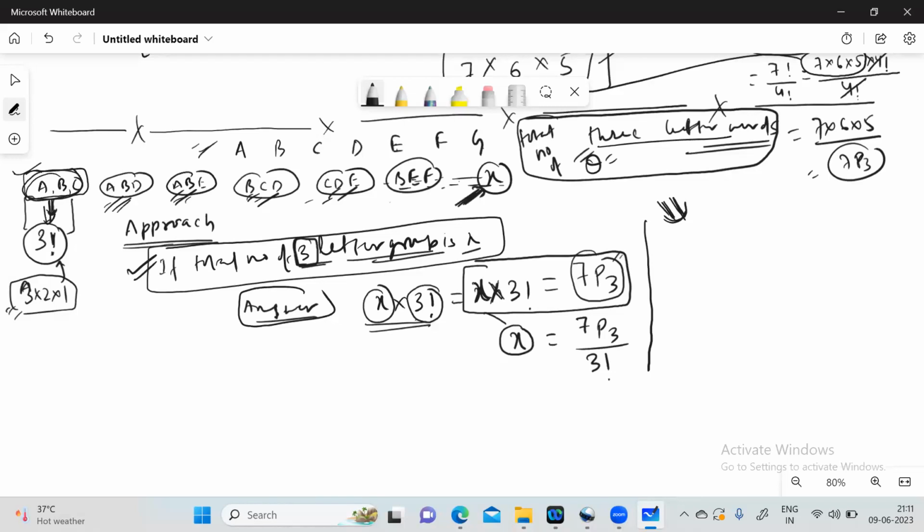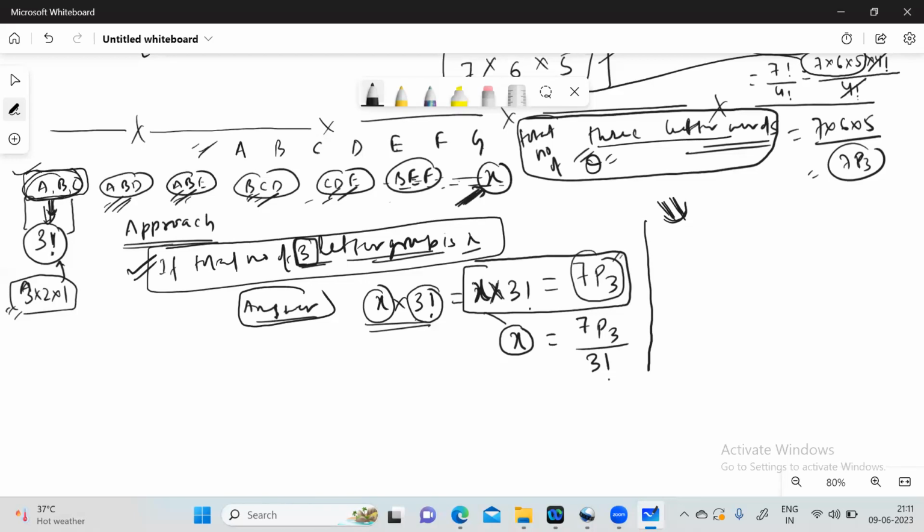Okay, sir. Tell me again. Total number of groups from the 7 letters. A group of 3. Yeah, group of 3. Or you can rearrange the words to make it in a different statement. Like Jagriti has told us with a very good statement. Ishani, tum batao, what is X?